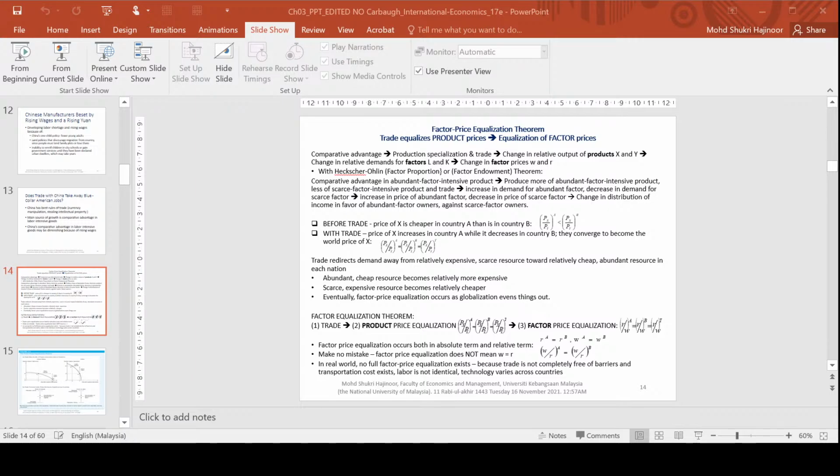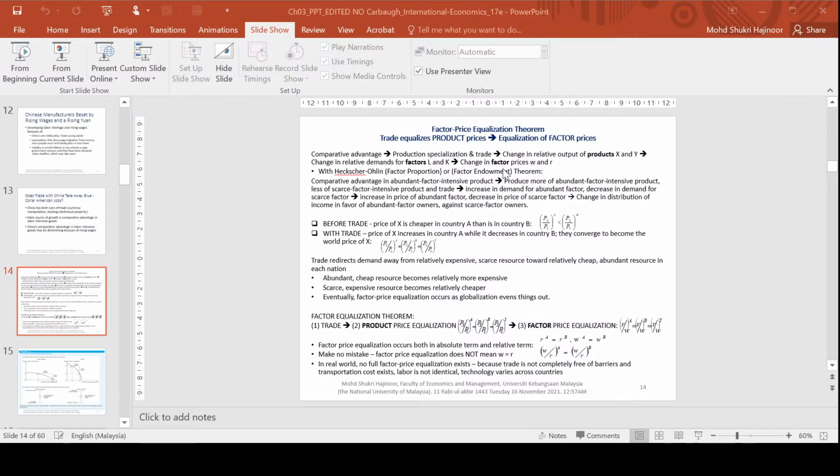The trading itself will create the situation that the company that has capital as a specific factor, which is the aircraft company, will lose. The capital owner will lose.